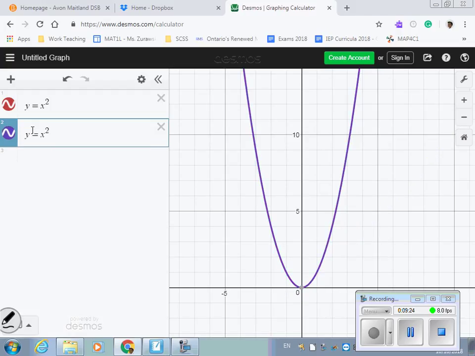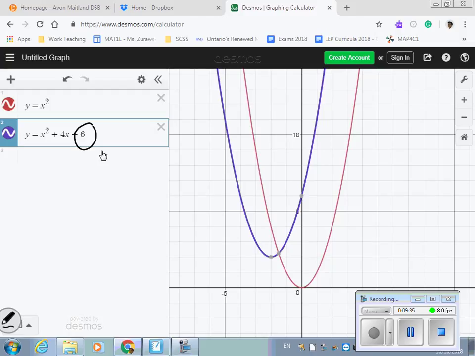plus 4x plus 6. Now, you'll notice that this c value that we have here, this last number, this number that is unique, is basically tied to the y-intercept.